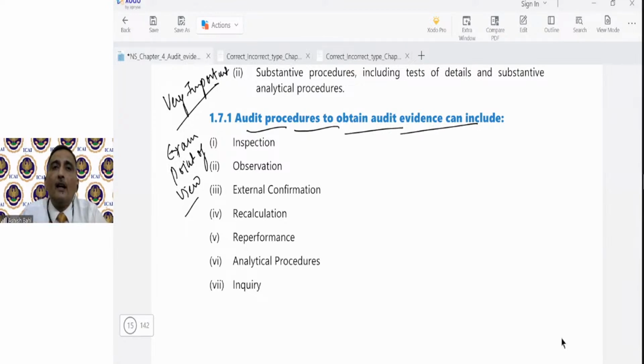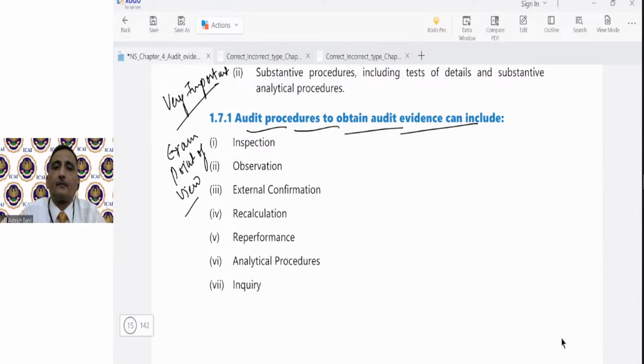Now, students, we have been saying from the very beginning कि auditor audit procedures perform करता है. That auditor performs audit procedures to obtain audit evidence. Now, what are those procedures? What are different types of audit procedures?